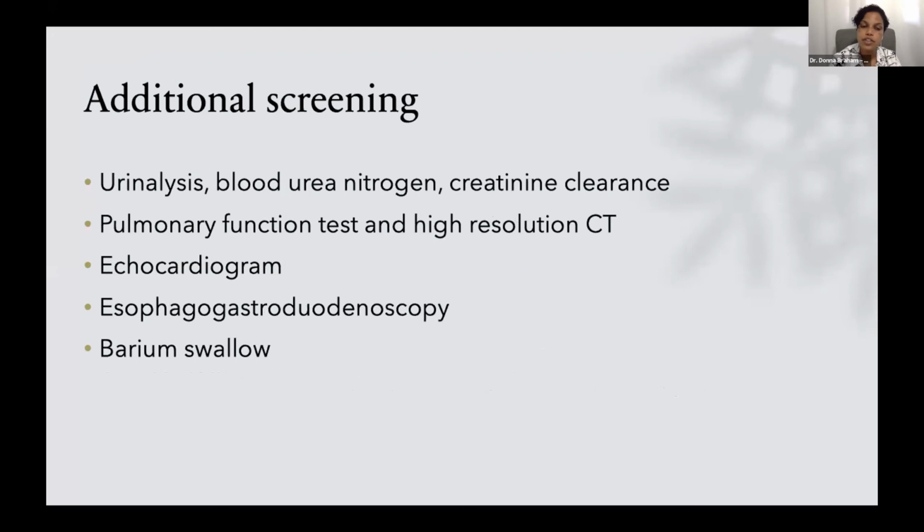Additional screening which should be done is urinalysis, blood urea nitrogen, creatinine, and pulmonary function test. High resolution CT scan can also be done, looking for interstitial lung disease. Echocardiogram for pulmonary hypertension. Esophagogastroduodenoscopy can also be done, looking for gastrointestinal involvement, or a barium swallow.